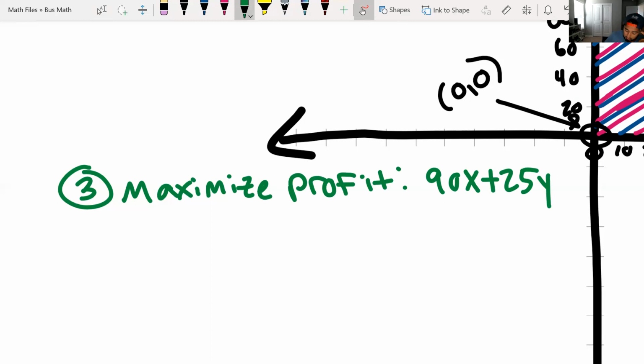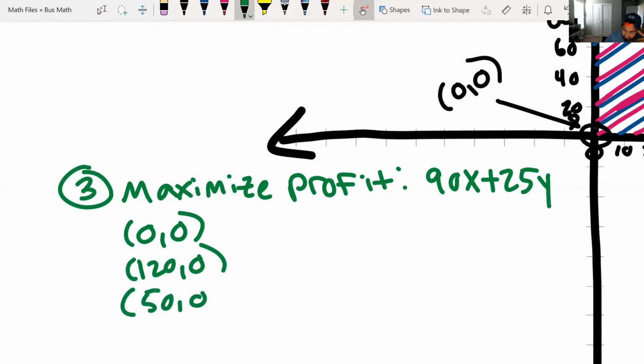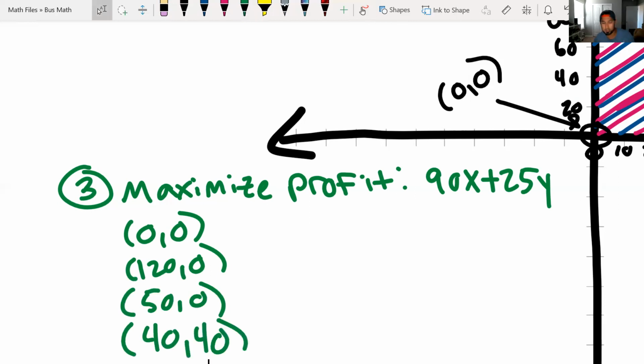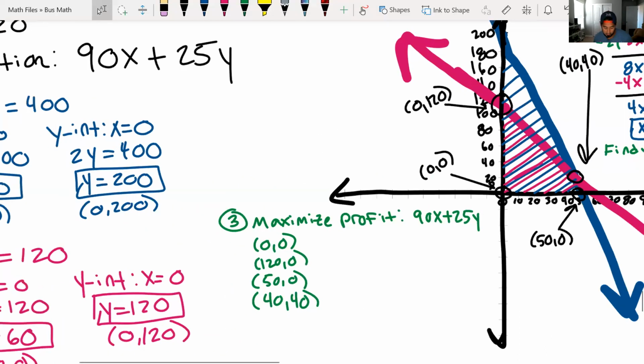And my corner points are (0, 0), (0, 120), (50, 0), and (40, 40). There's just 4, right?